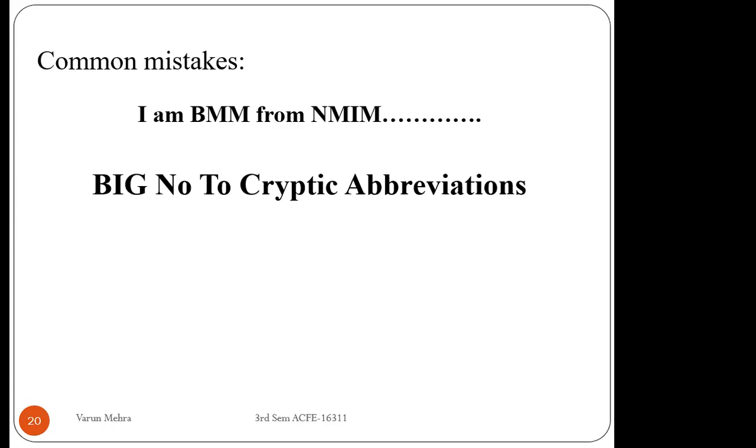Always say that I am a student of Amritsar group of colleges instead of AGC. Always say I am a student of Amritsar College of Engineering and Technology instead of saying ACET. Because you know what ACET stands for, but entire people in the world, or I must say in Punjab, maybe they don't know. So never ever make people confused. Give as much relevant information as you can so that it has impact on the other person.